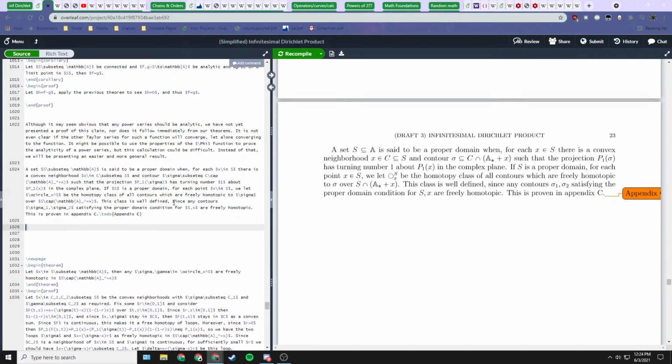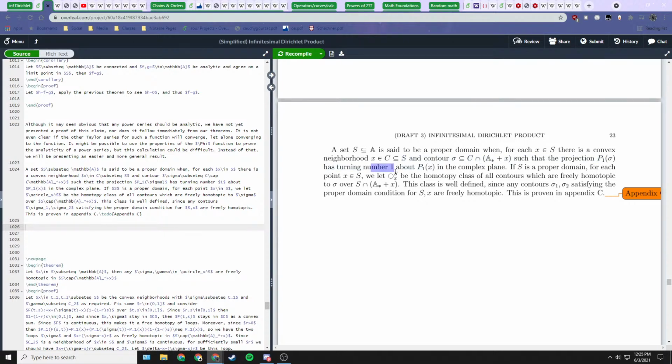Okay, so this is our definition for this homotopy class. So it's essentially all of these loops which can be contracted towards x without actually passing through x on this vertical segment, basically the points where P1 of sigma overlaps P1 of x.